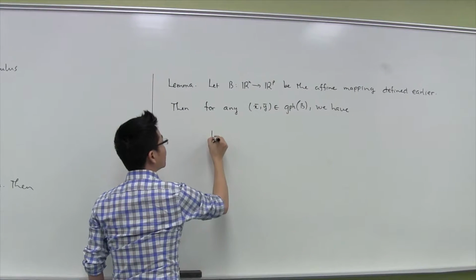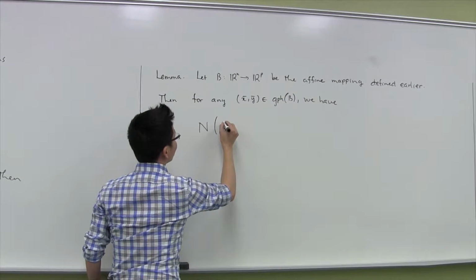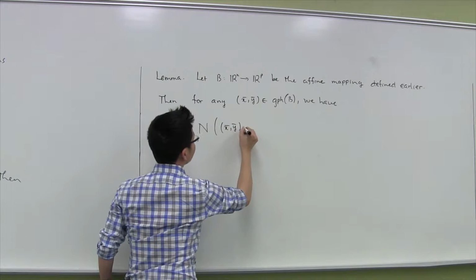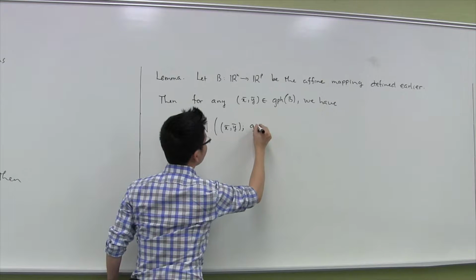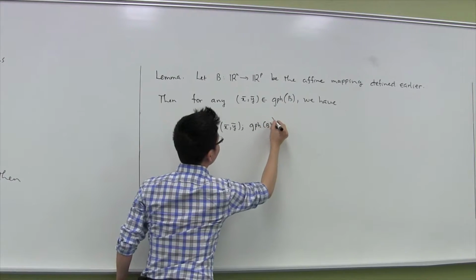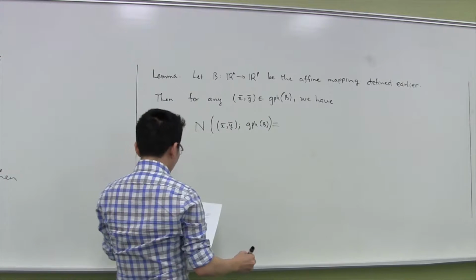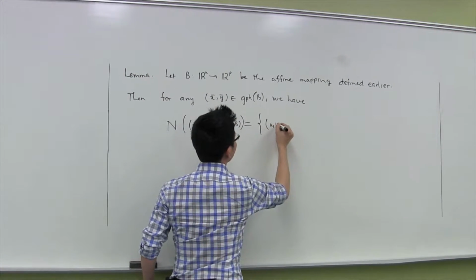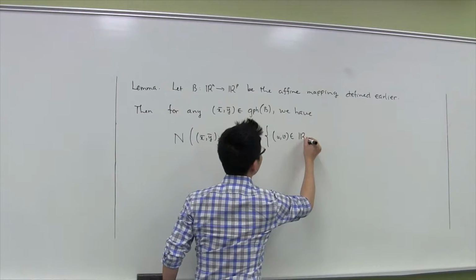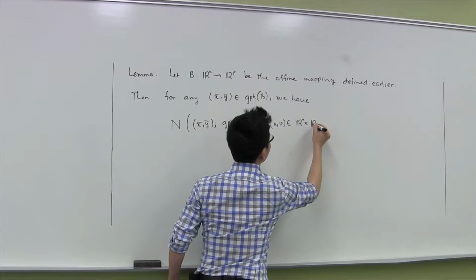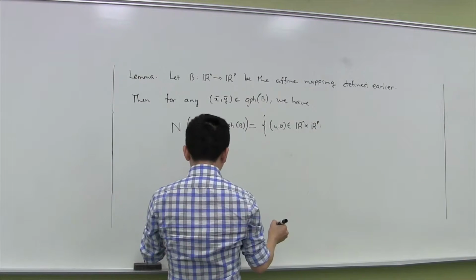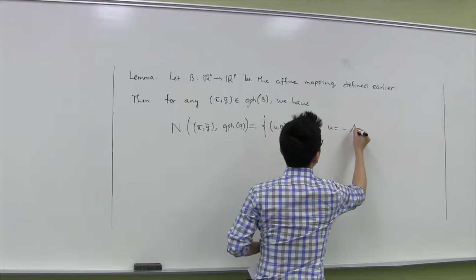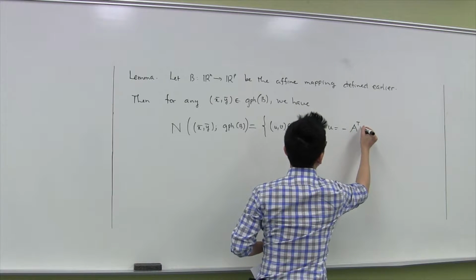The normal cone to the graph of the mapping at x bar, y bar can be represented as follows. It is the set of all ordered pairs (u, v) in R^n times R^p such that u is equal to minus A transpose times v.